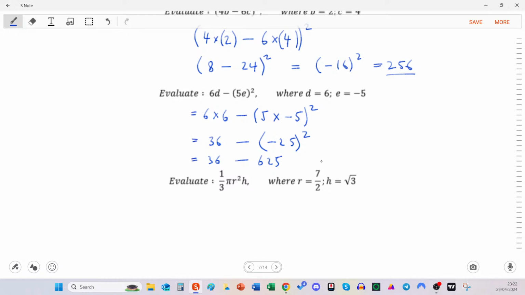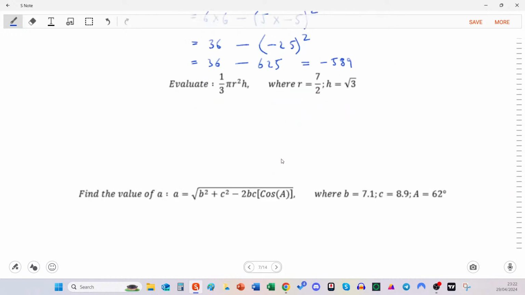I guess we can do this. And 36 take away that is negative 589. Now the numbers are big and ugly just because it forces you to focus on the method. Okay, so numbers aren't always nice like that, remember?